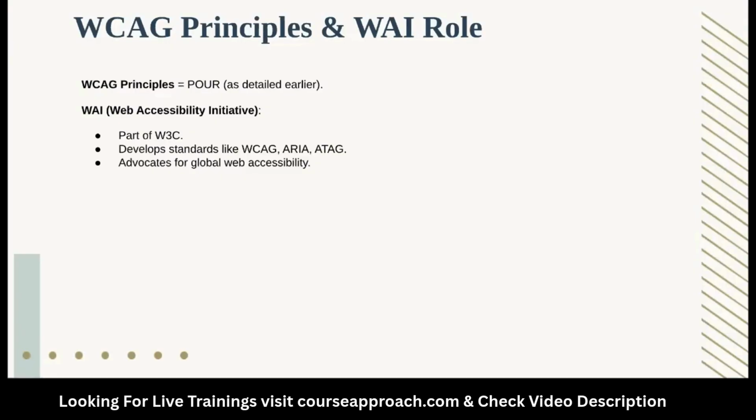The first success criterion is non-text content, which means wherever there is an image or non-text content on the page, the user should understand that content through screen readers. For example, a person who is visually blind should be able to consume that content, so there should be alt text provided properly.